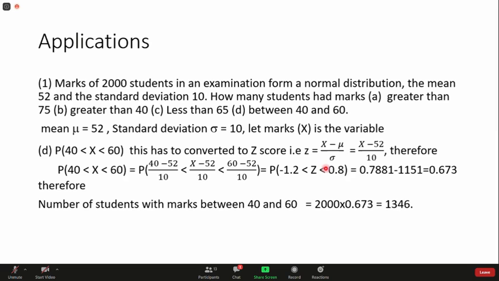Read the 0.8 value, 0.7881, and minus the other value, minus 1.2, 0.1151. Remember, it's not 1151, it should be 0.1151. The dot is missing. 0.673, that's the probability. Every time we calculate the probability, then multiply by 2000, you get 1346 students obtain marks between 40 and 60.